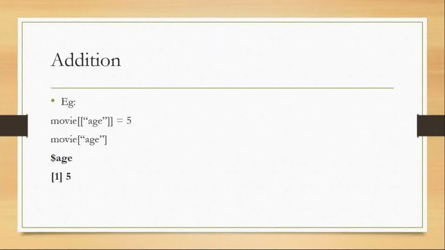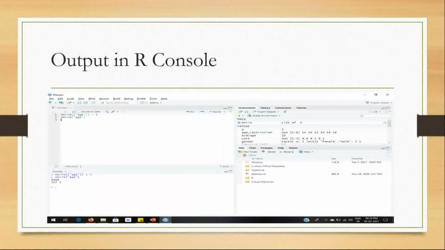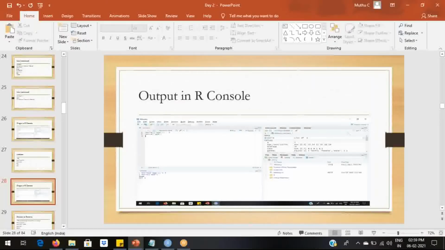Since age is not present already, I am using two sets of square brackets. One set of square brackets indicates that the variable age is to be created, and the other set specifies that the value 5 should be assigned to movie of age. We will try executing it in RStudio.